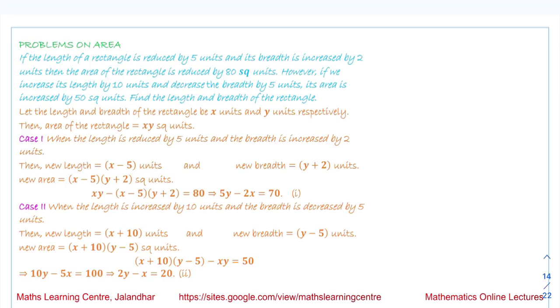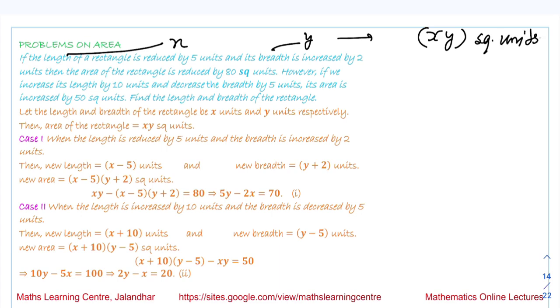If the length of a rectangle is reduced by 5 units and its breadth is increased by 2 units, the area of the rectangle is reduced by 80 square units. Suppose the length of the rectangle is x and the breadth of the rectangle is y. So the area of this rectangle is x into y square units.